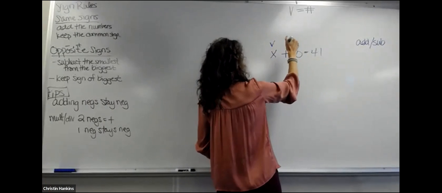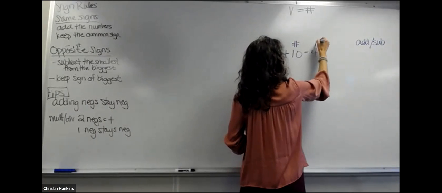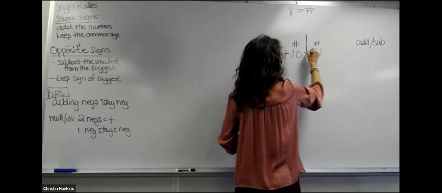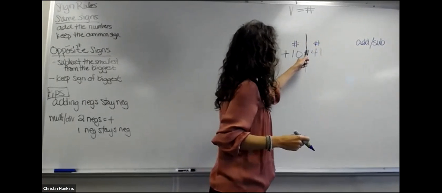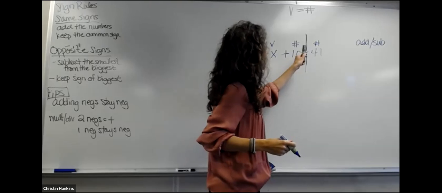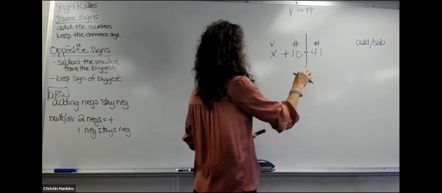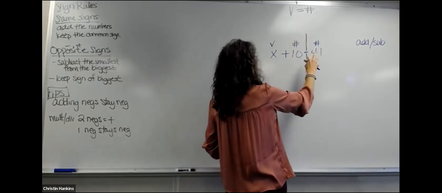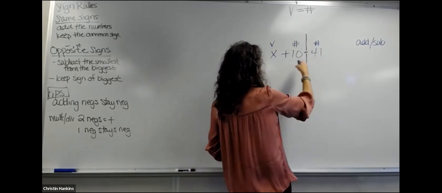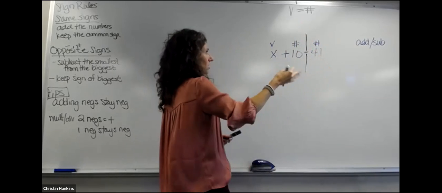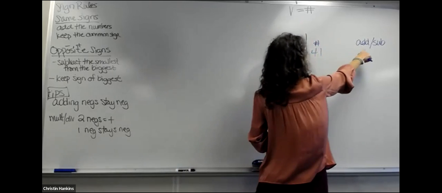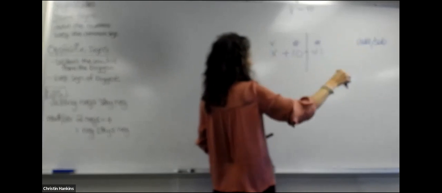So this is my variable, this is my number, and this is a number. And then that's my wall. It's really important to understand that it has significance, that we make it clear that that's what we're working with, and that's how we make our decisions about our rules, going over the wall.